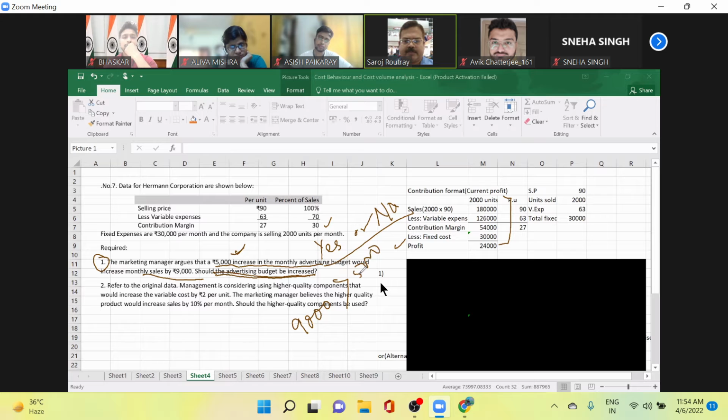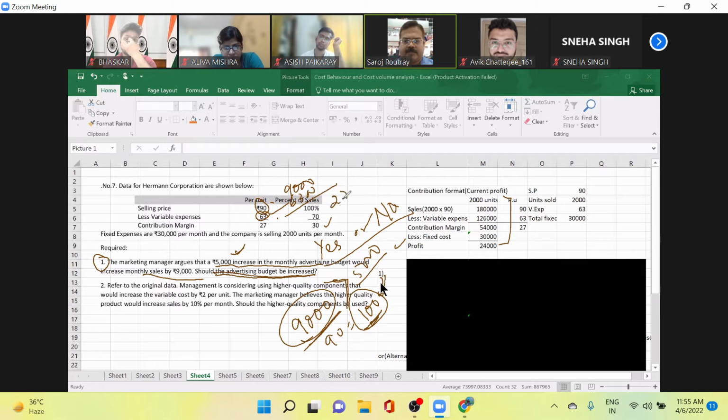And 9,000 sales increase means, if selling price is 90 per unit, I would have sold 100 additional units. If you do advertisement, your sales volume increases. So you will be selling 100 units, and definitely you will be earning 9,000 more. But there is a variable cost for that also. So that variable cost will come 6,300.